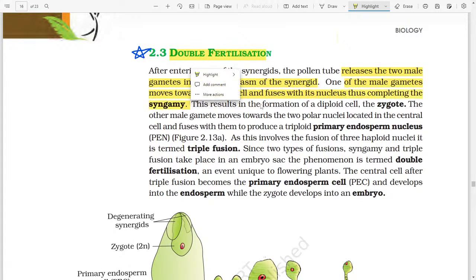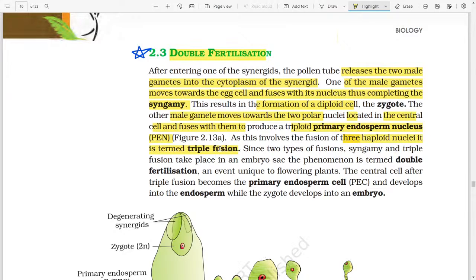This results in the formation of a diploid cell. The other male gamete moves towards the two polar nuclei located in the central cell and fuses with them to produce a triploid primary endosperm cell, which is known as PEN. As this involves the fusion of three haploid nuclei, it is termed triple fusion.